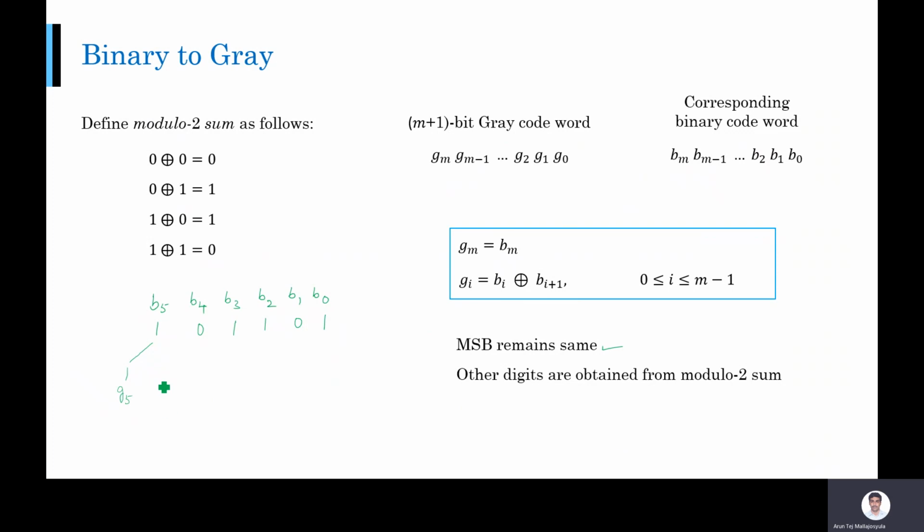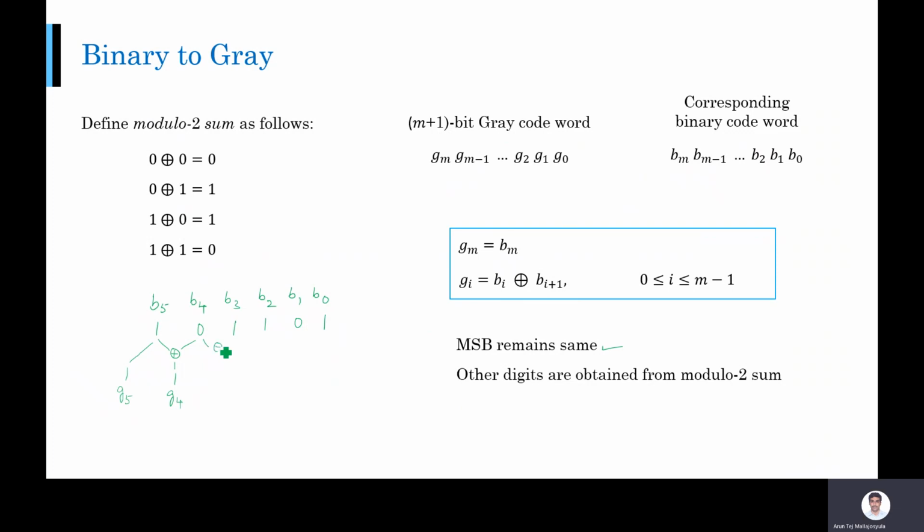Other bits are obtained from modulo 2 sum. So let us do modulo 2 sum of these two. 1 and 0. Modulo 2 sum of 1 and 0 is 1, right? So this gives you 1. Okay, G4.